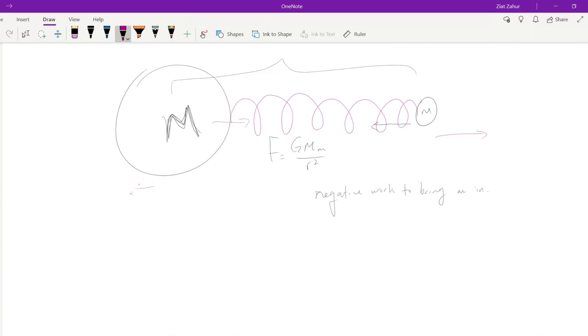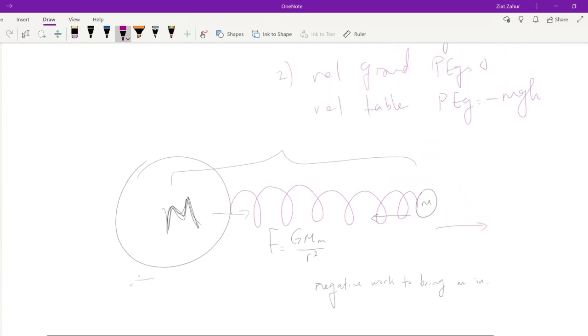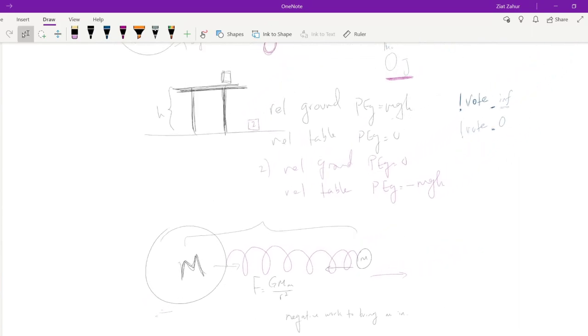Stretching the spring would take positive work. You're storing some energy into the spring. In this case, the spring is the gravitational field. So stretching the two masses out stores energy into the gravitational field, and then allowing it to fall back down means you're doing negative work.